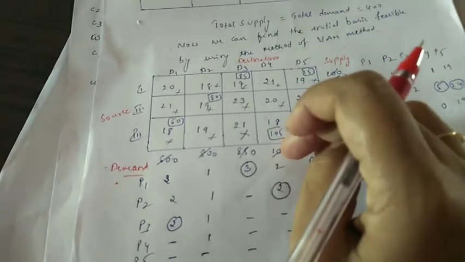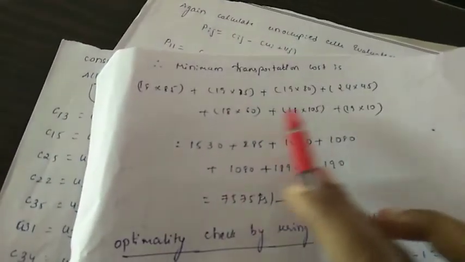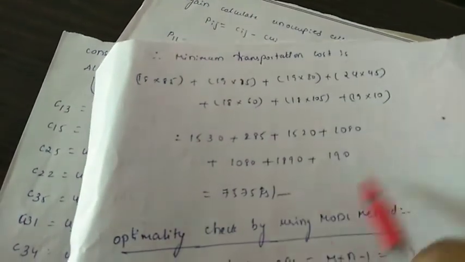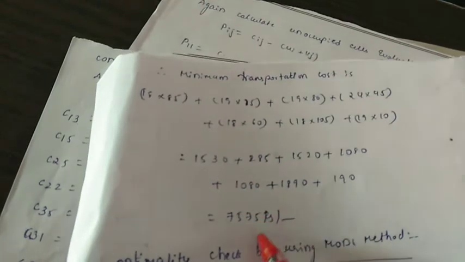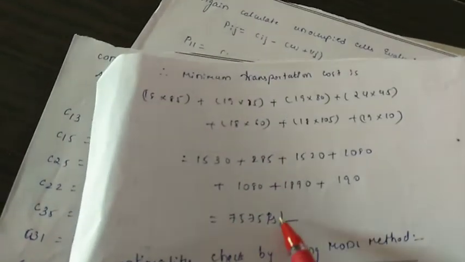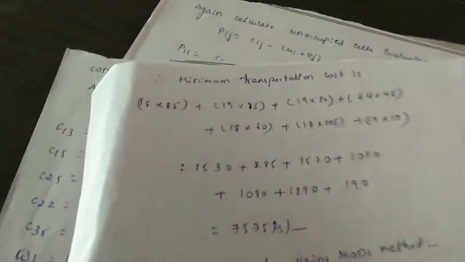Taking it like that, we allocate values in the cells. Then we take the minimum transportation cost by Vogel's approximation method. We have 7575 as the value for Vogel's approximation method.